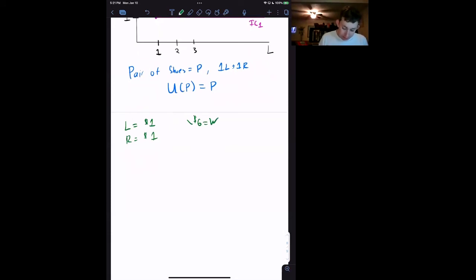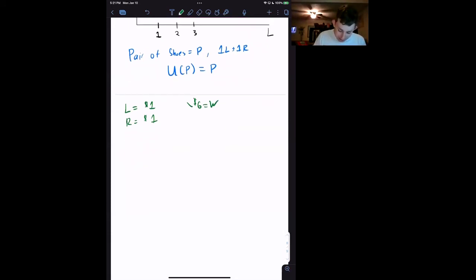Then our budget constraint initially starts out as left plus right has to be less than or equal to 6, but we can put them together and we can say, well, 2 times the number of pairs I want to buy, because each pair is a left shoe and a right shoe, so that's going to cost $2, has to be less than or equal to the $6 that I walked in with.